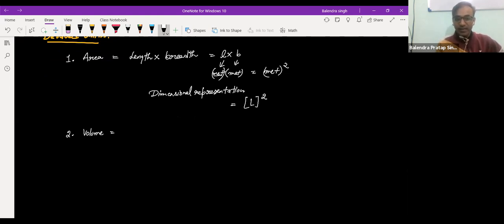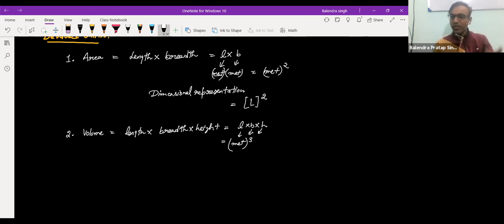So the formula is L into B into H, and the unit for L is meter, B is meter, and H is meter. So 3 meters, and this will be meter cube. So this is the unit of volume.